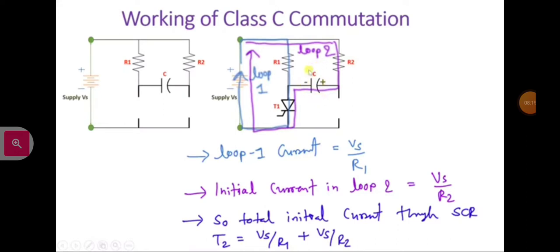So once this capacitor is charged up to voltage Vs, current in loop 2 will be 0. After that, current passing through thyristor T1 will decrease to Vs by R1. So initially it will be Vs by R1 plus Vs by R2, and then it decreases to Vs by R1.